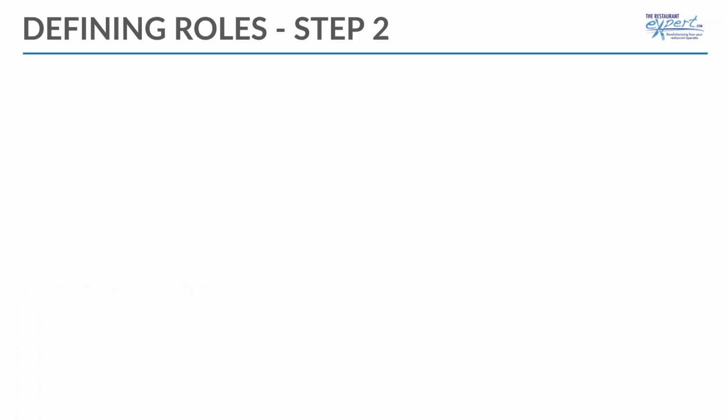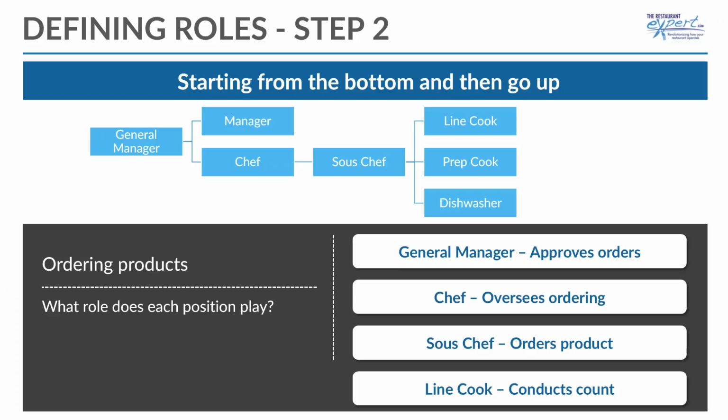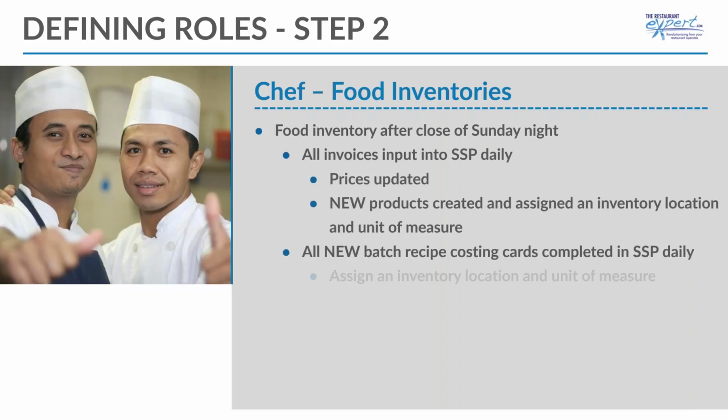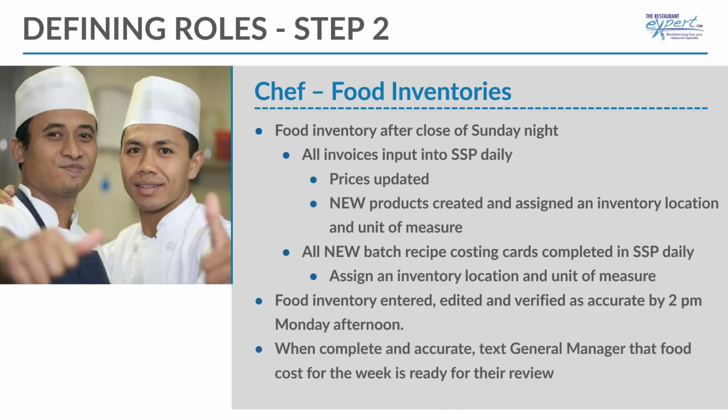Well, I'm going to back up one slide. Remember, not only do I have to say what it is, but who does it, who oversees it, who approves it. So going back and looking at this, is chef the one, well, we have to decide in this restaurant, chef is taking inventory. In your restaurant, the sous chef may be the one taking inventory, and it may be that chef is overseeing the inventory.